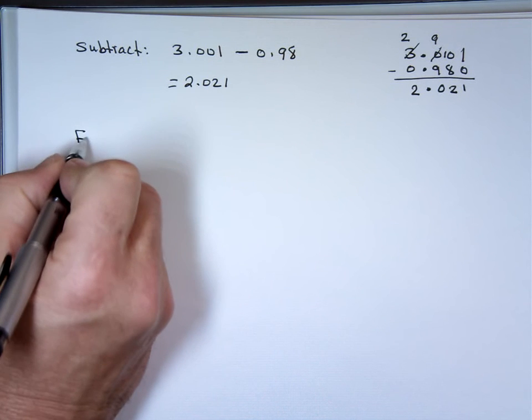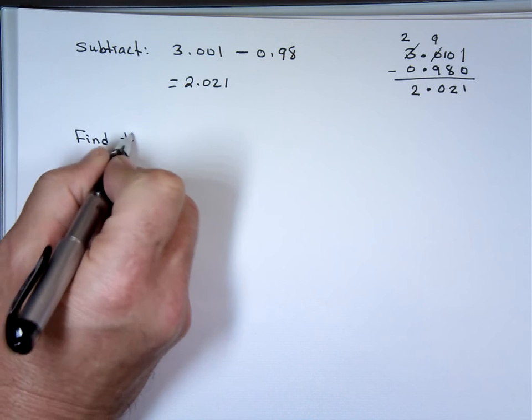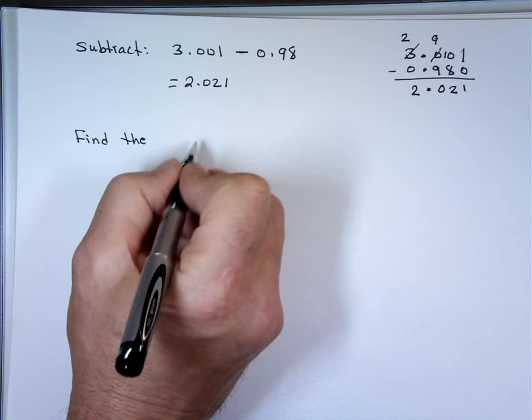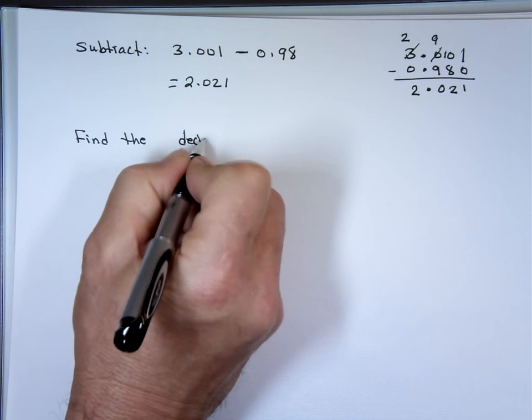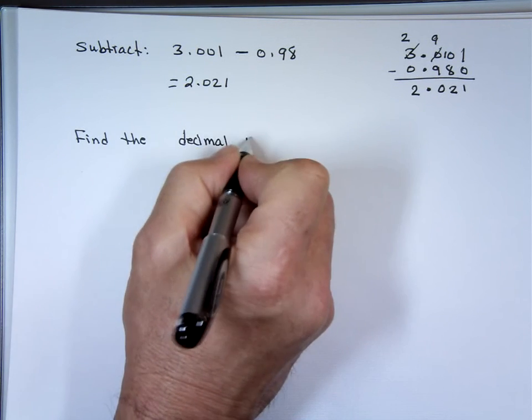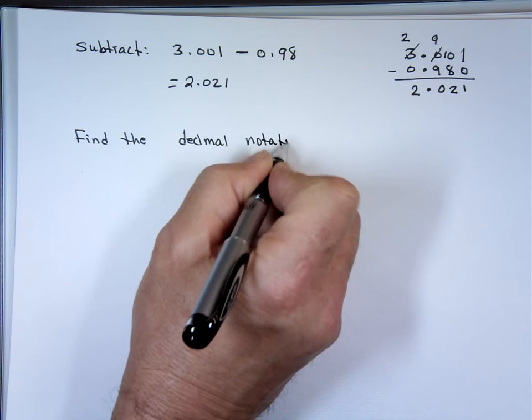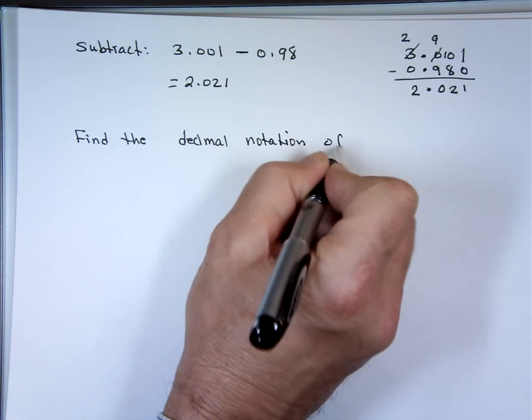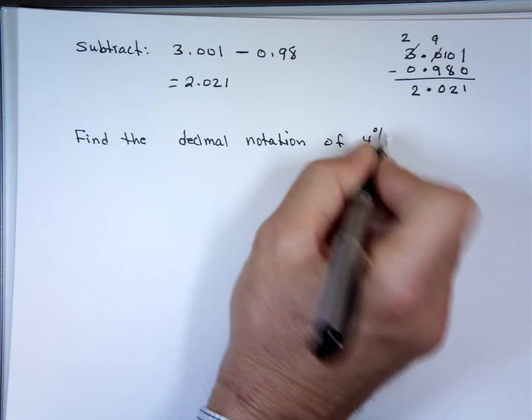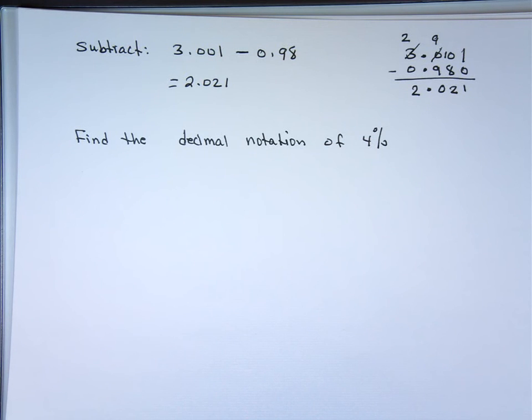Find the decimal notation of 4%. Basically change from percent to a decimal. Percent to decimal.